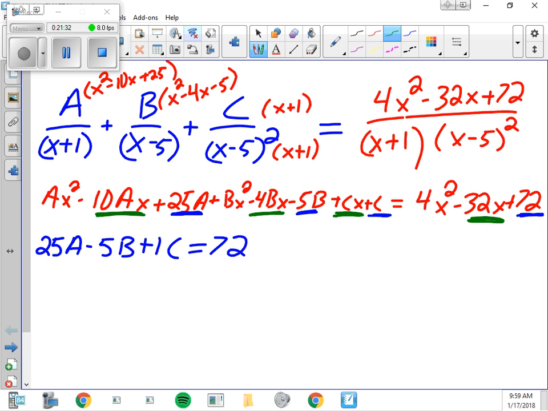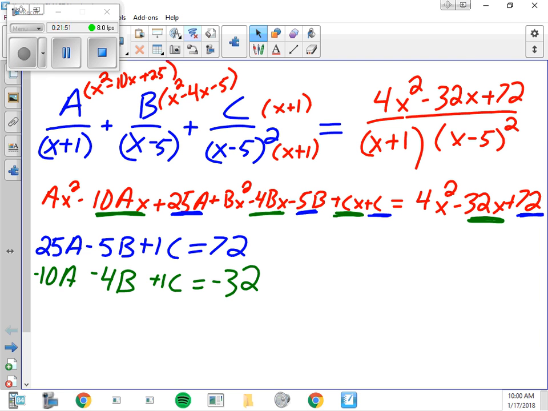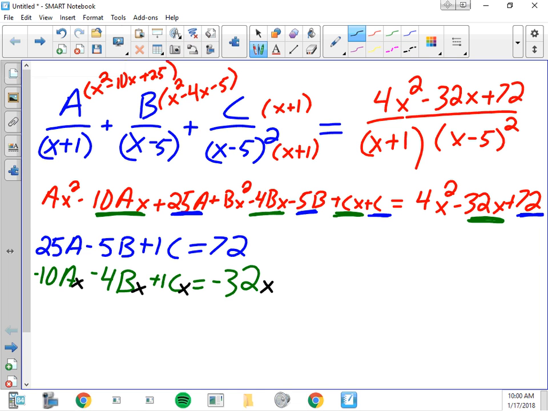So I'm not even going to put them in there, because once you put them in, you're just going to scribble them out anyway. So negative 10a minus 4b plus 1c equals negative 32. And once again, every one of these has an x. But if they all have an x, then none of them need an x. So we don't put it in there.